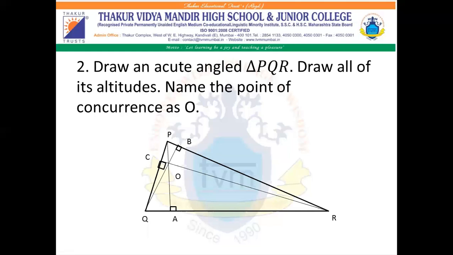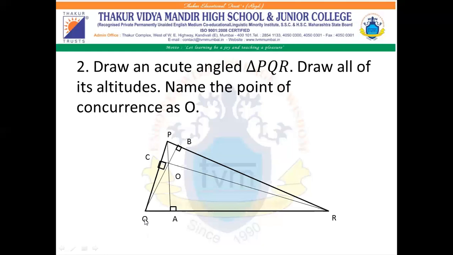From the vertex P, draw segment PA perpendicular to the opposite side QR. From the vertex R, draw segment RC perpendicular to the opposite side PQ.